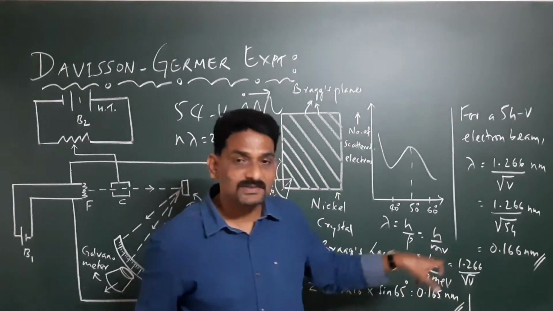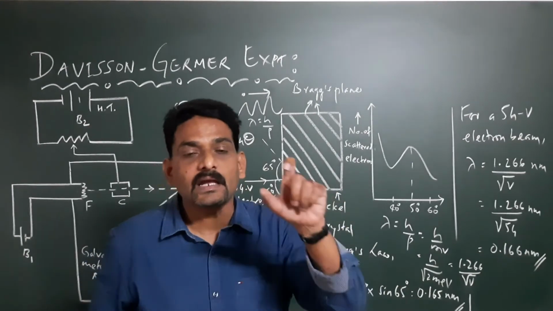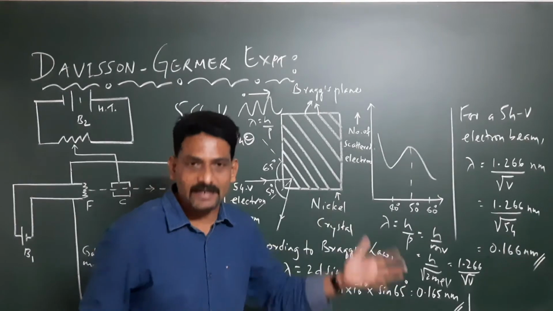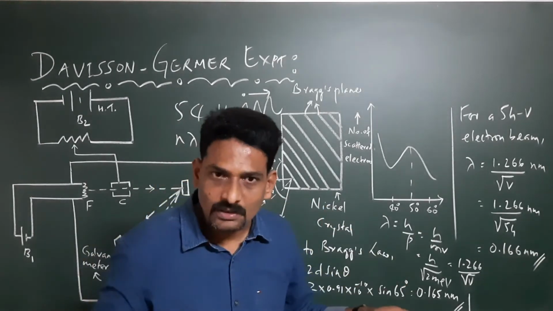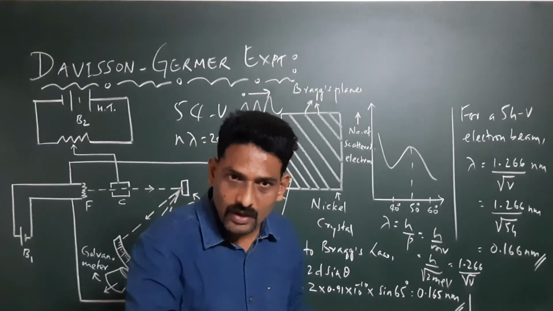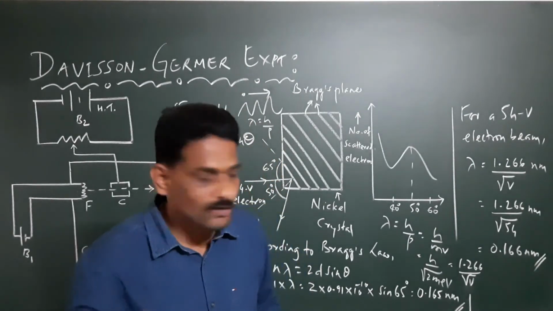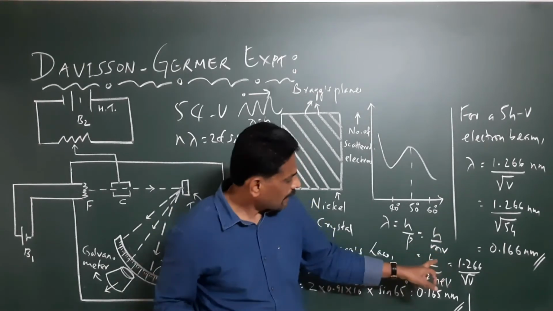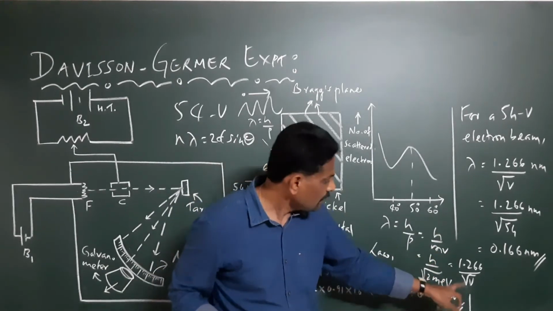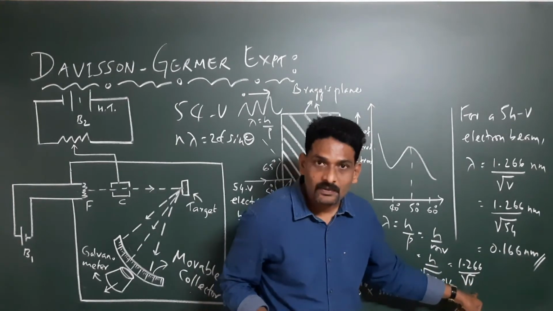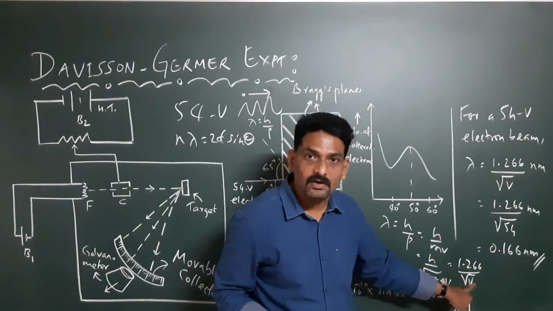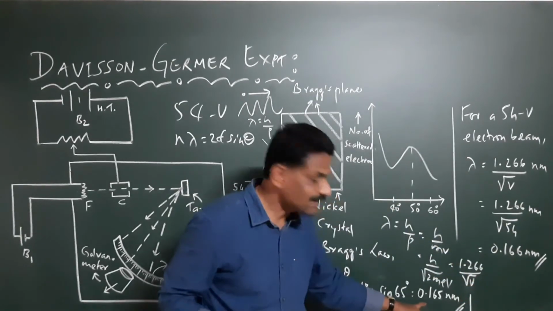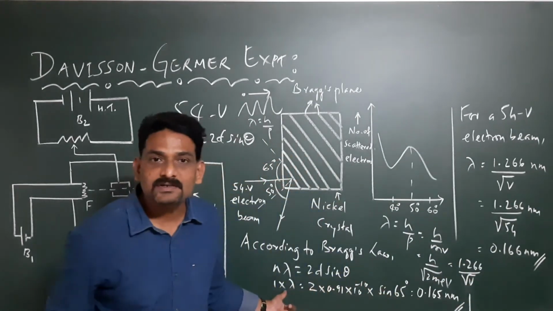So these results clearly indicate that whatever de Broglie has said, that a particle in motion is always associated with a wave, whose wavelength is given by lambda equals h by p, or h by m v, or h by root of 2meV, or 1.26 by root V. If you substitute the value of V as 54 volt, we get this value, and it is exactly the same as that of the Bragg's diffraction.